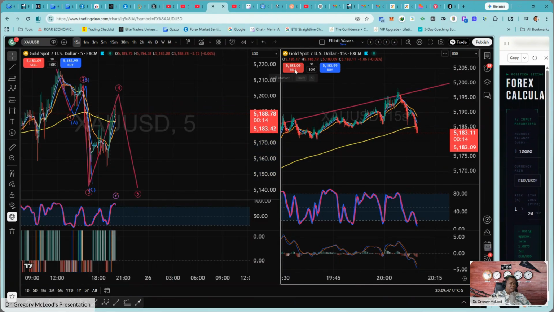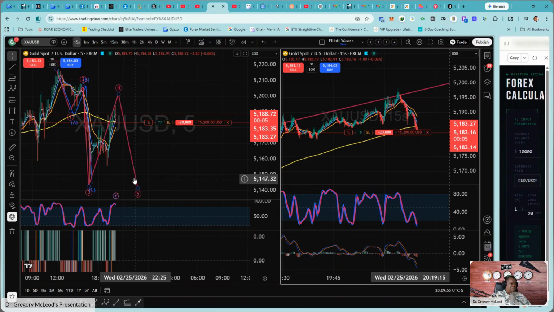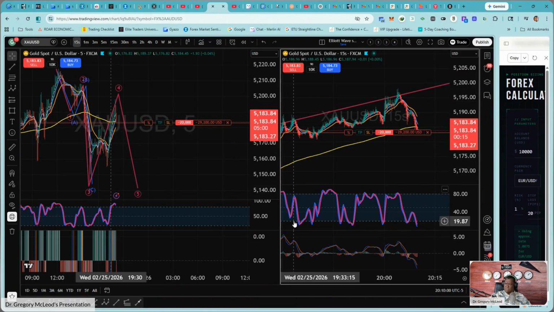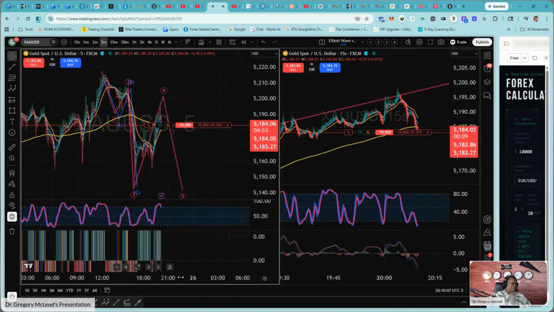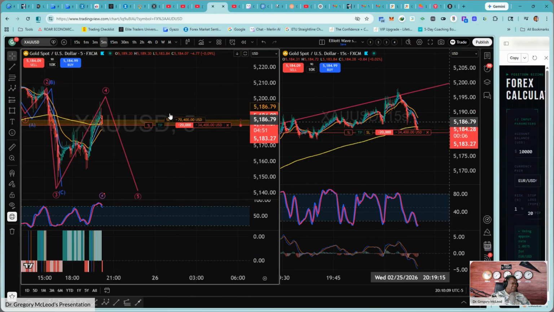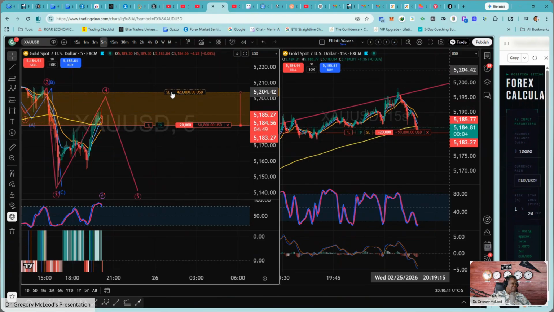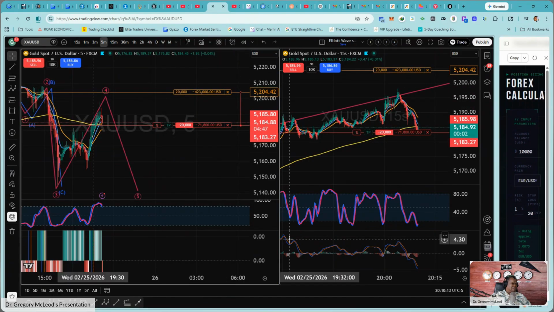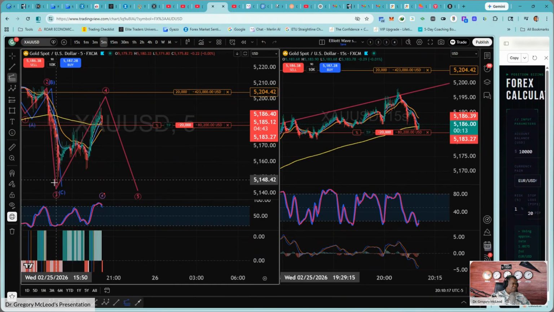Bail. ABC. Stop loss above the high. Fibonacci expansion.